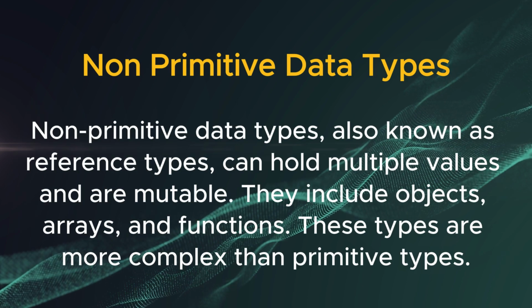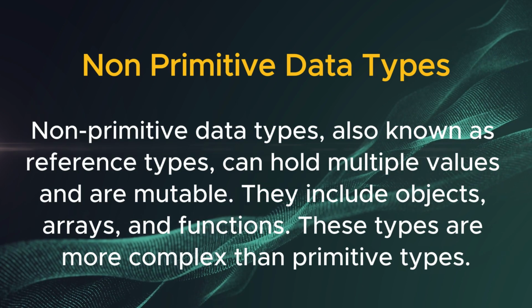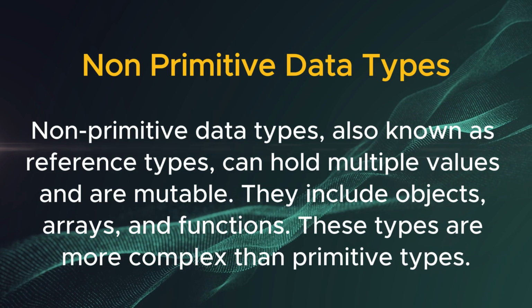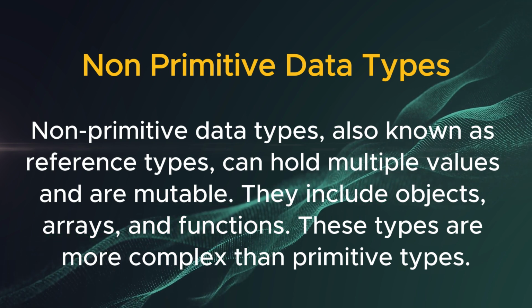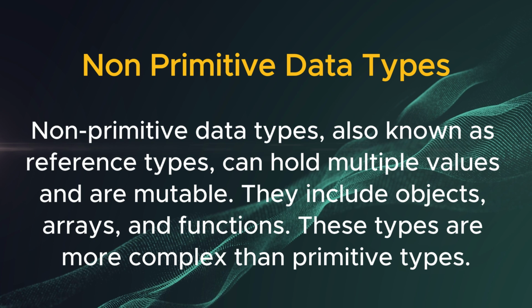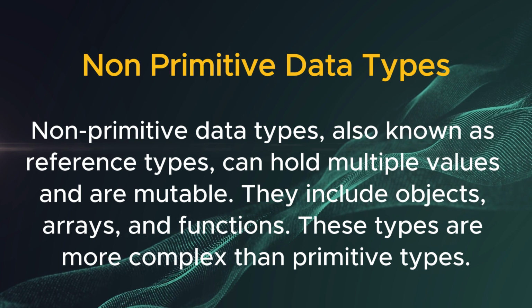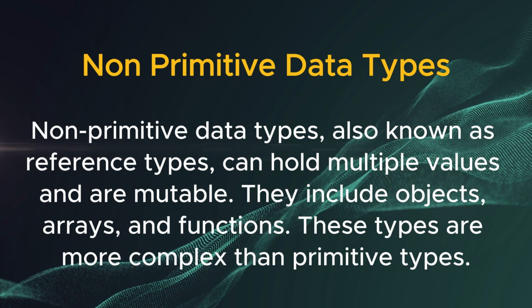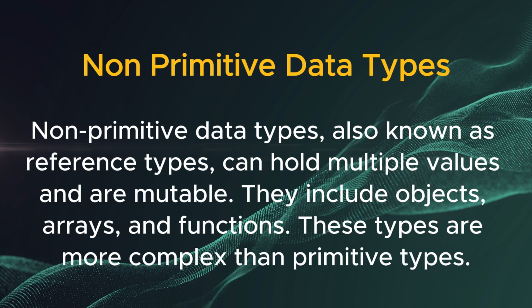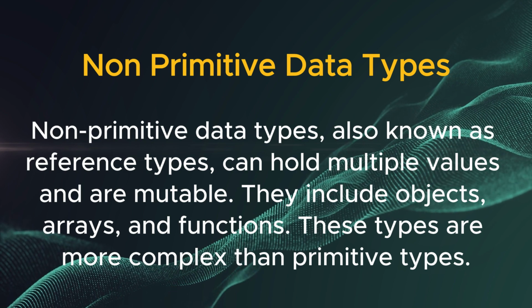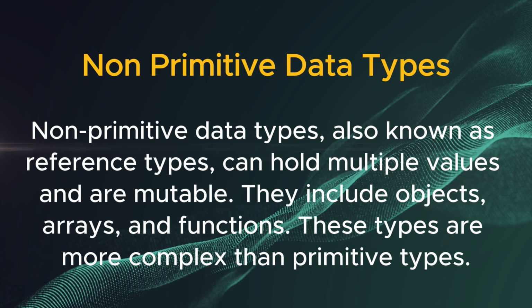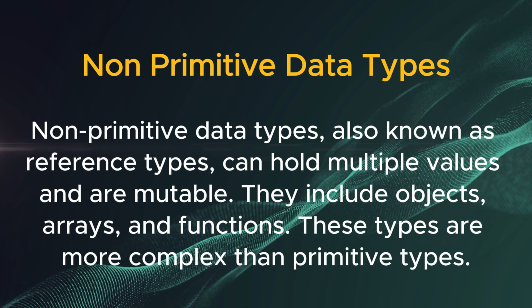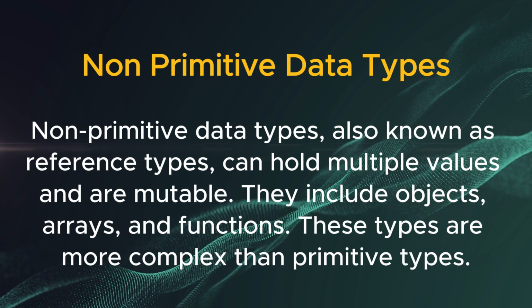The second category of data types are the non-primitive data types. Non-primitive data types, also known as reference types, can hold multiple values and are mutable, which means we can change their values at any time in our code. And these include objects, which represent a collection of properties and values.